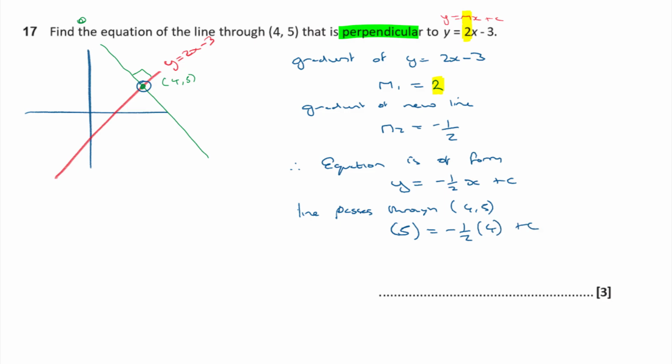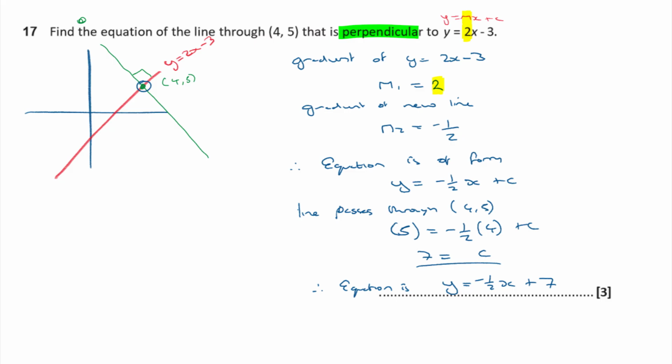Okay, so negative half lots of 4, that's minus 2. So then c, taking that to the other side, would be positive 2. So that's going to be c is equal to 7, isn't it? Okay, so therefore the equation is y equals minus a half x plus c, which I know is 7.